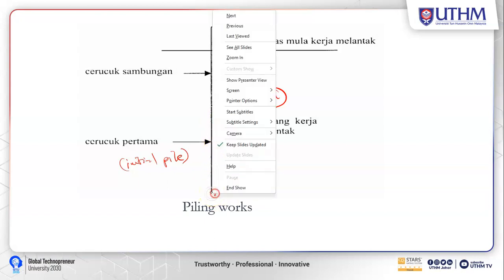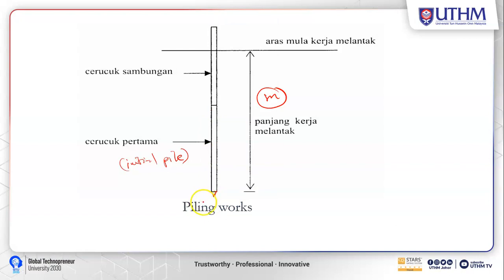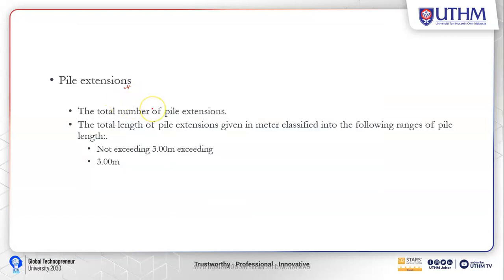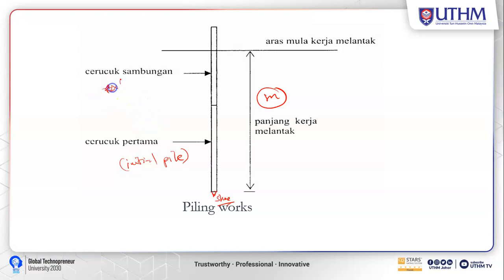Normally we have the shoe here, the shoe to ease the pile during the piling work. And then we have the extension piles here. These are the extension piles. We may have more than one extension pile. It depends on the design given to you in the construction drawing.